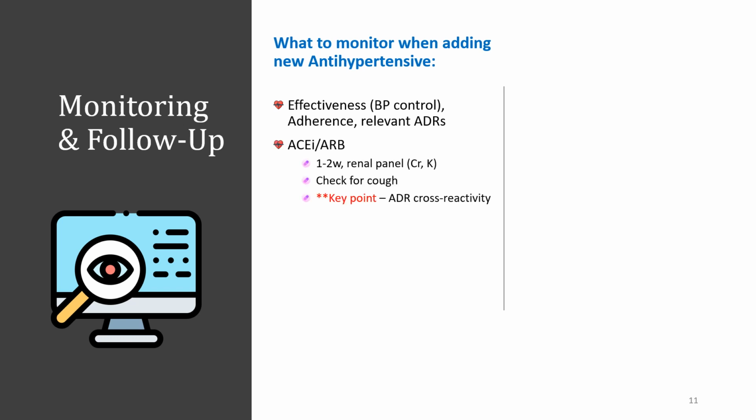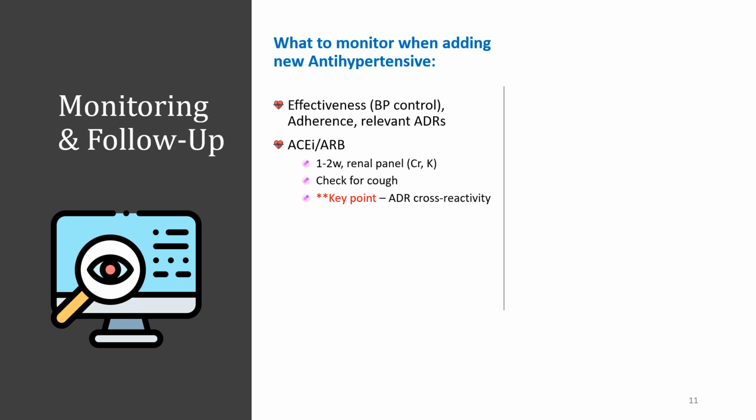So for the class of ACE inhibitors and ARBs, because they modulate the renin-angiotensin system, right? So you would think about the modulation of potassium and serum creatinine, because of the way that they act on the efferent and afferent arteriolar system in the glomerulus. So in 1 to 2 weeks time, it would be indicated for you to order a renal panel, or for those of you who want to save money, you can do serum creatinine and potassium alone.